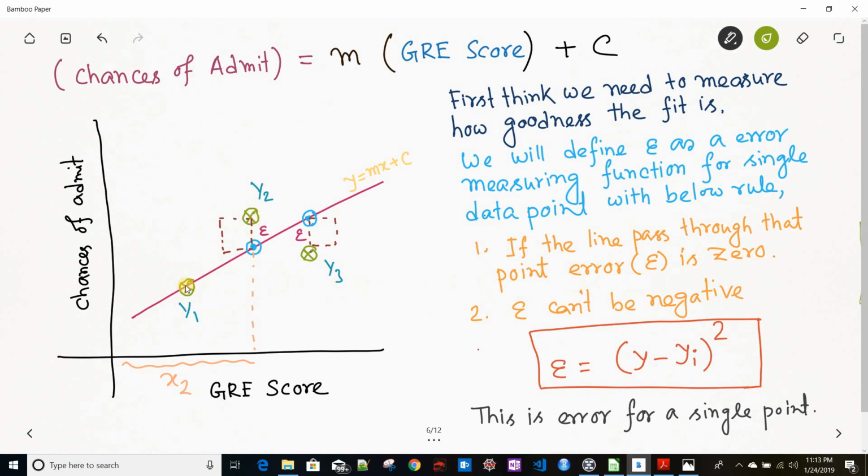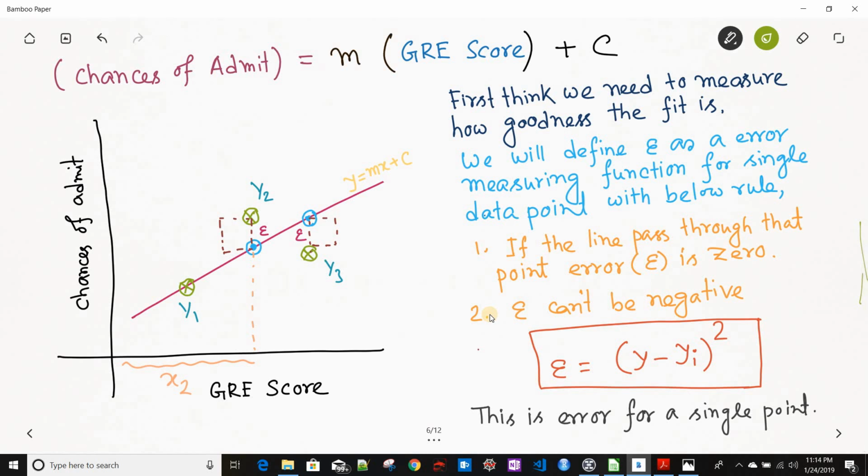Okay, so these green colored points are the data points we have in our data sheet. Okay, and this is the line we are basically saying will be the fit of this data, right? Now, if you see this line passing through the first point, for this point the error we will consider as 0 because it is passing through that point. Correct?